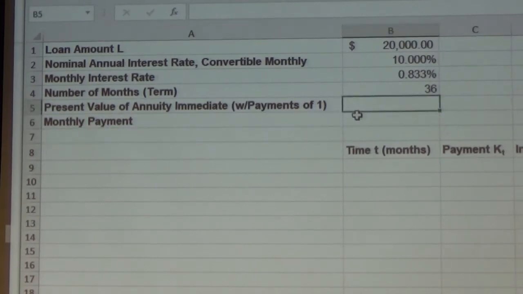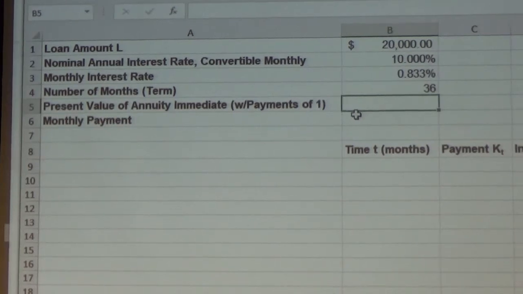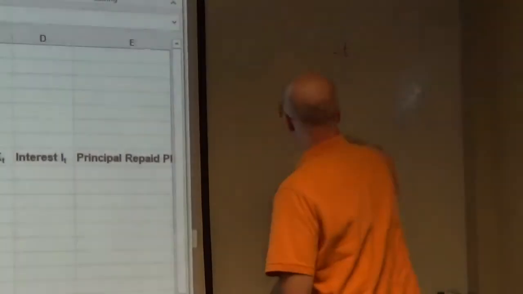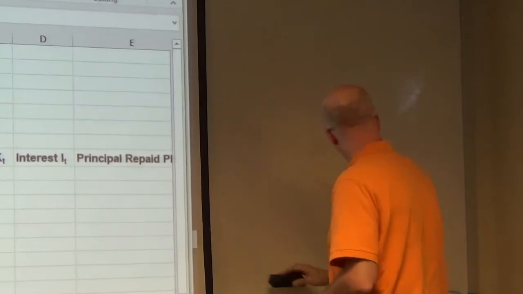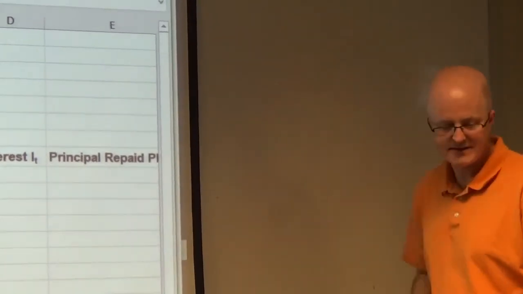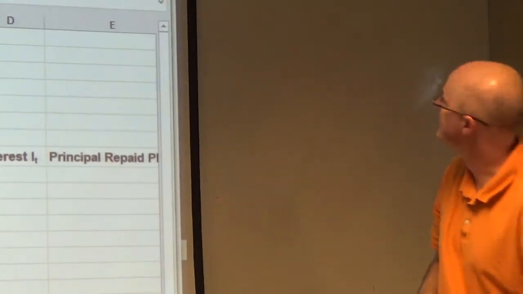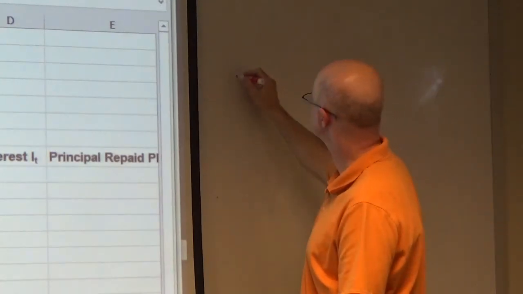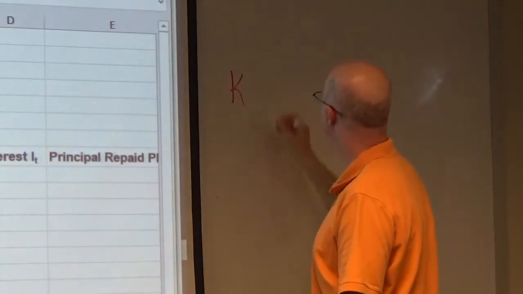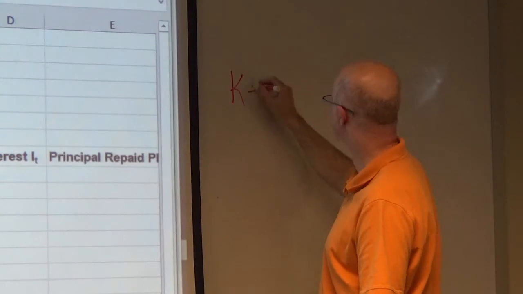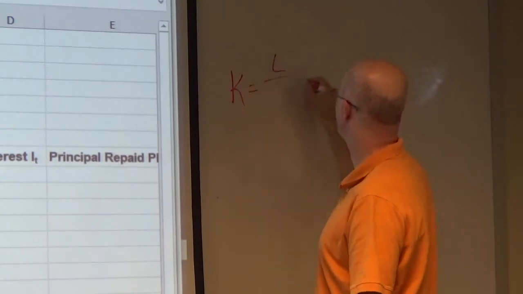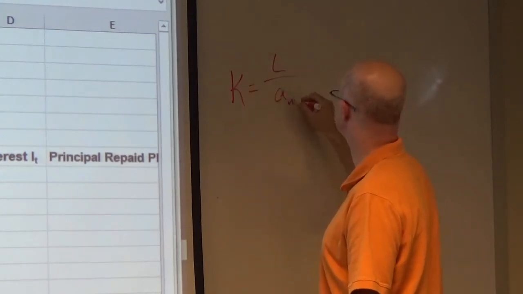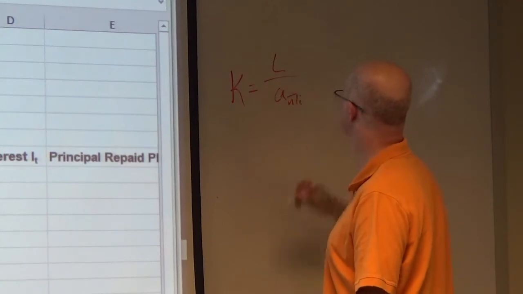think about this in terms of the formula that I showed you a few minutes ago. When you desire a level payment on your loan, which is the typical thing, that payment amount K_T is a constant K, and it was the loan amount divided by the present value of a standard annuity immediate with payments of 1.